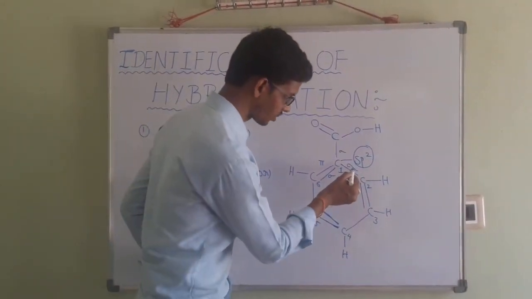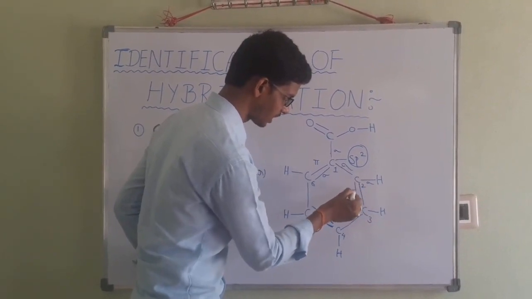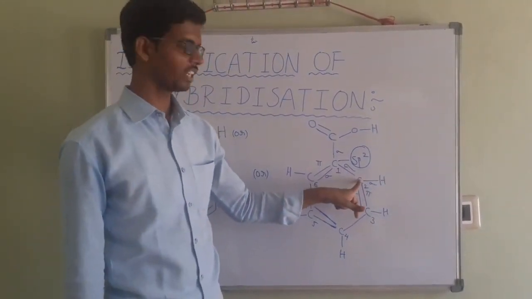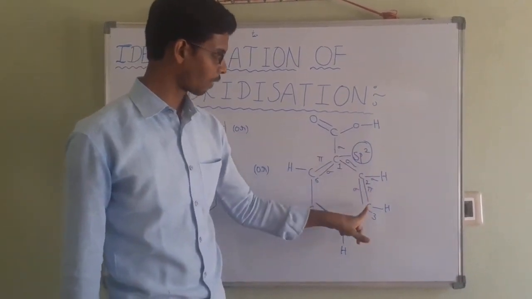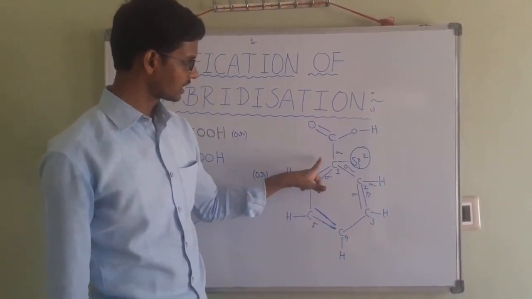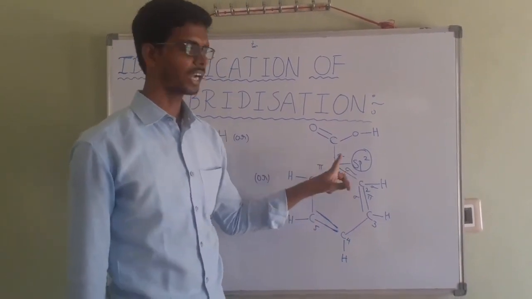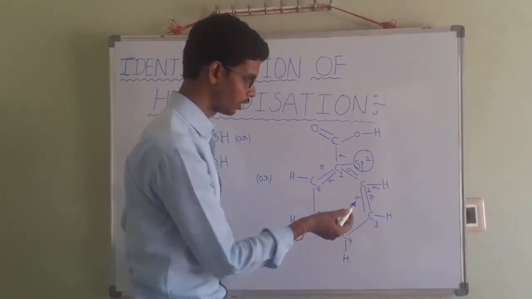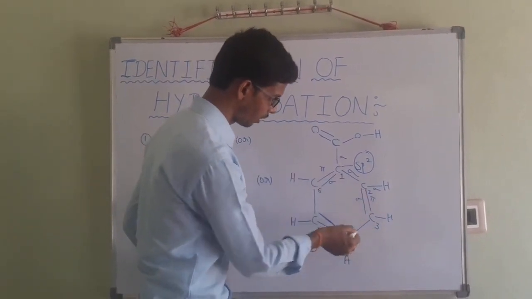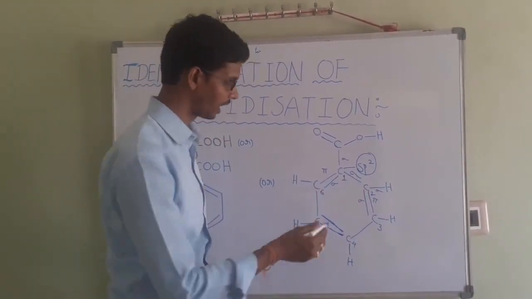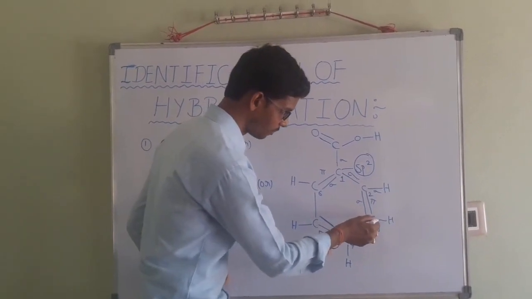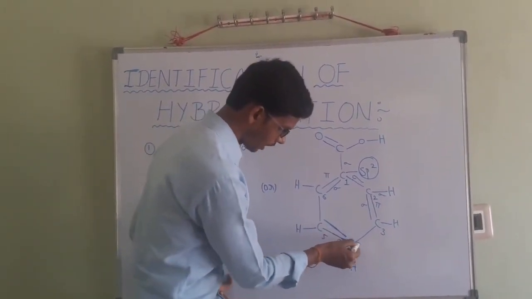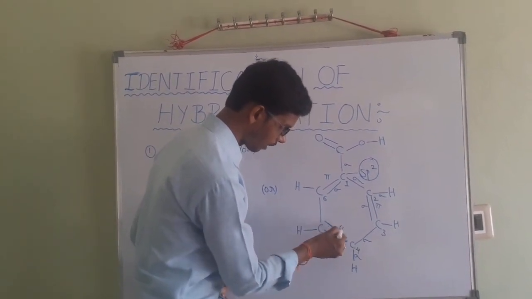Next, let us see the second carbon. The second carbon also consists of one sigma, second sigma, and one sigma and pi. So the second carbon is also sp2 hybridized. Likewise, all the 6 carbons in the benzene ring undergo sp2 hybridization. Why? Because whichever carbon you check, 1, 2, 3, 4, 5, 6, it consists of 3 sigma bonds and 1 pi bond: sigma, sigma, sigma, pi.